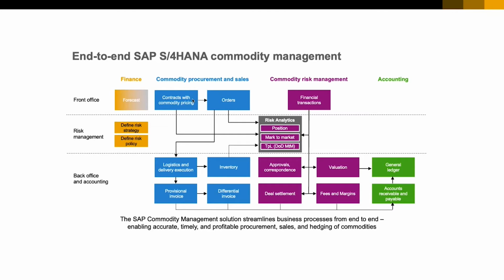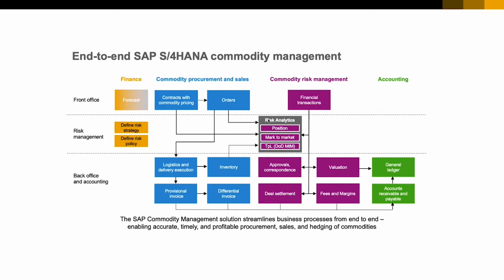For example, if you have a deal capture solution, or you're working with SAP MM or SD with purchase contracts and orders, or even TSW integrated in between, all these physical trades are then integrated with the risk management solution.